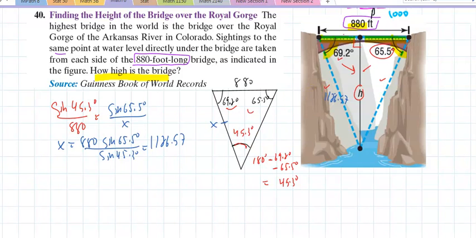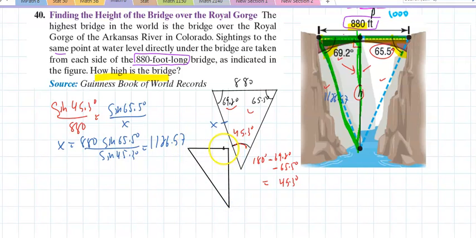Now, if I look at this right triangle, wouldn't you say this is 65.5? Oh boy, forgive me. Let me try that again. There.